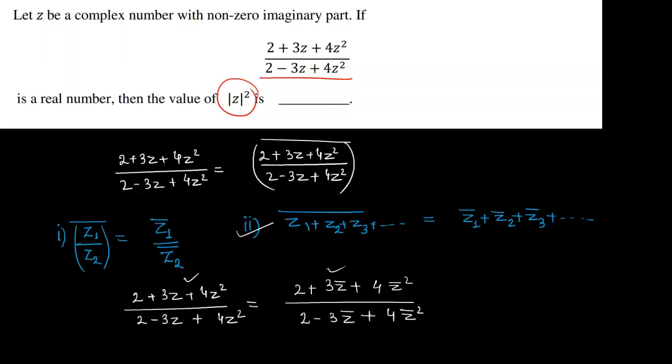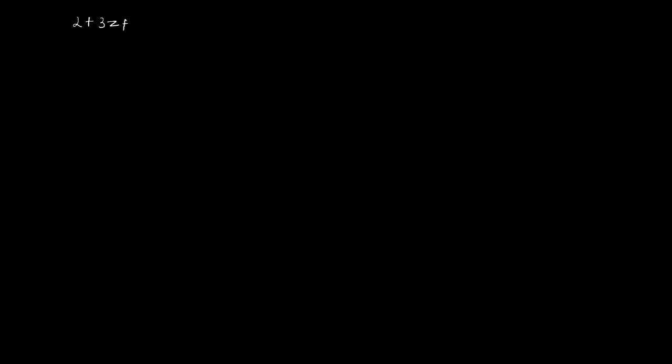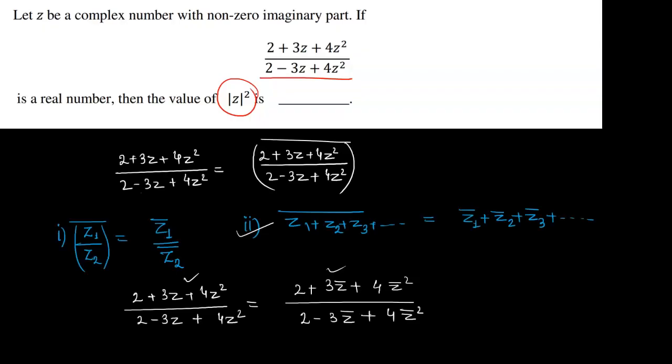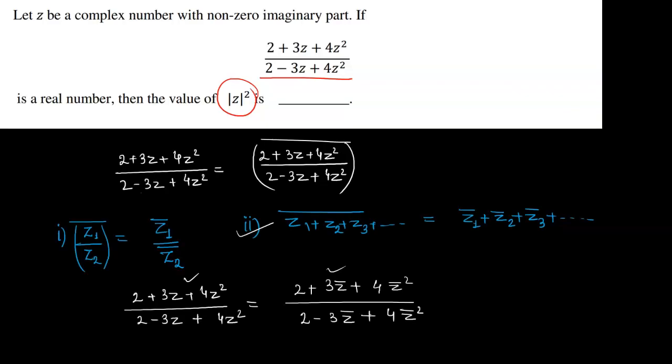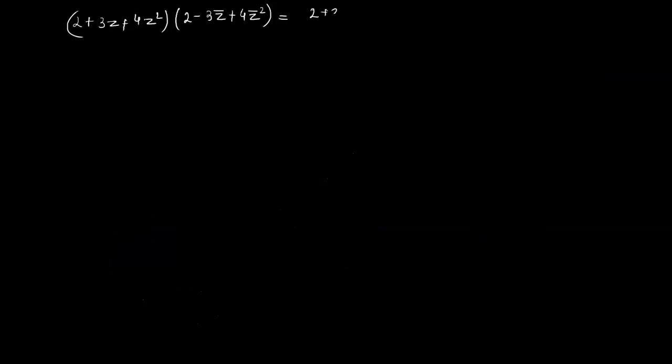It is 2 plus 3z plus 4z square times 2 minus 3z bar plus 4z bar square is equal to 2 plus 3z bar plus 4z bar square times 2 minus 3z plus 4z square. That's it.